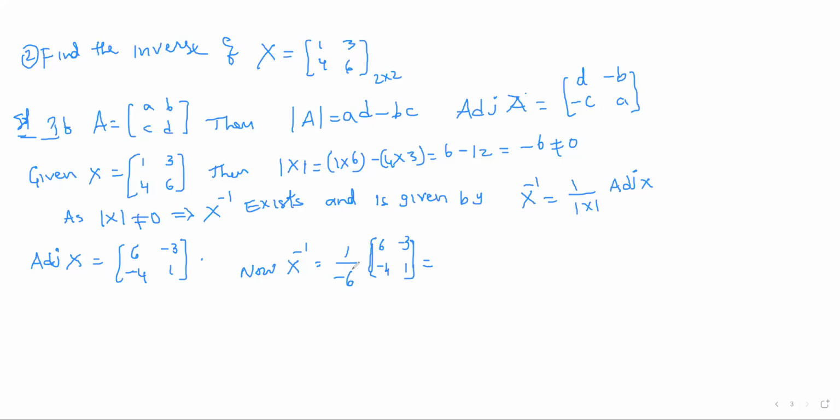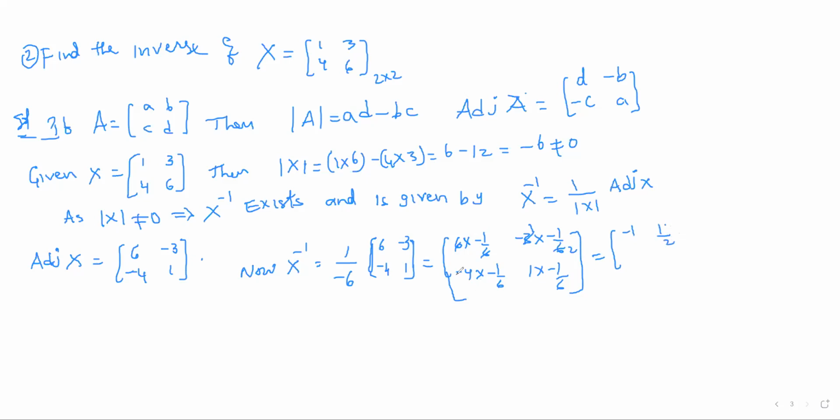So multiply each and every element with minus 1 by 6. So 6 into minus 1 by 6, minus 3 into minus 1 by 6, minus 4 into minus 1 by 6, and 1 into minus 1 by 6. Then automatically the 6s get cancelled, so we are left with minus 1. Minus into minus is plus, 3 by 6 is 1 by 2.